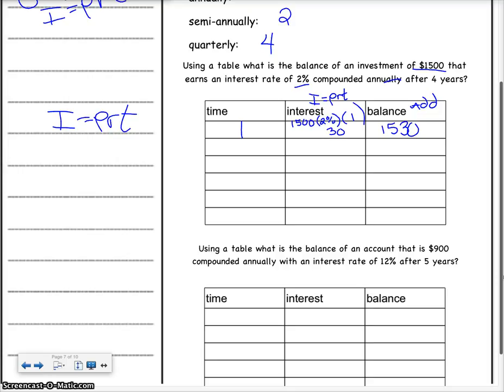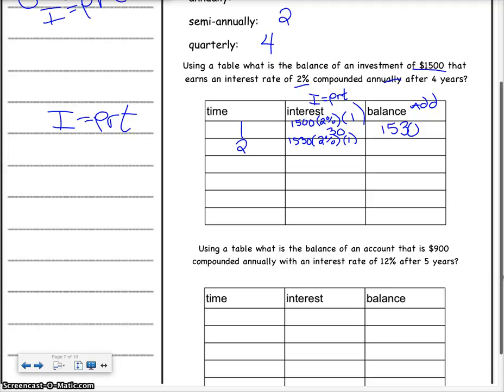Now, I go to year 2. In year 2, now I'm earning interest on my interest. So year 2, I go 1,530 times 2% times just 1 year. It's always 1 there, so you don't even have to really write that.